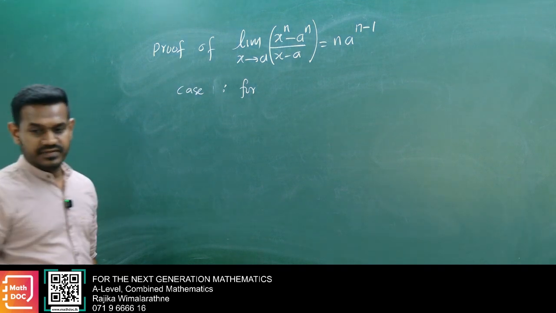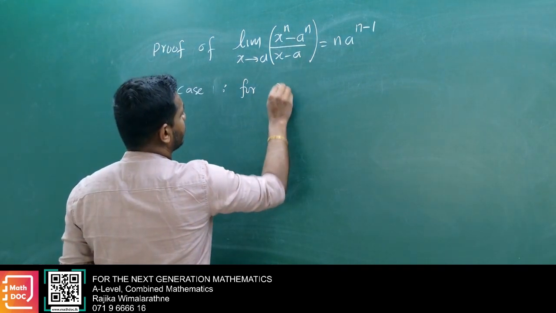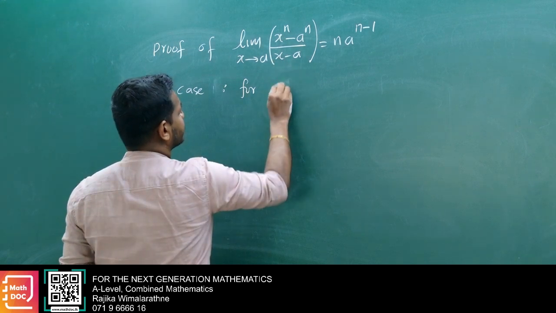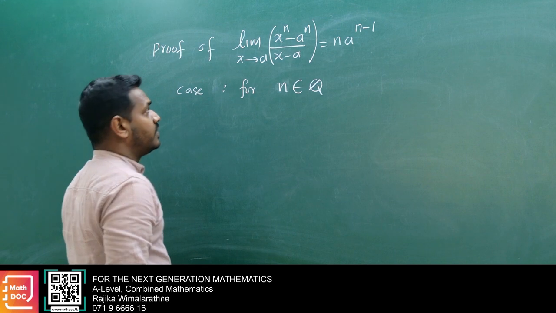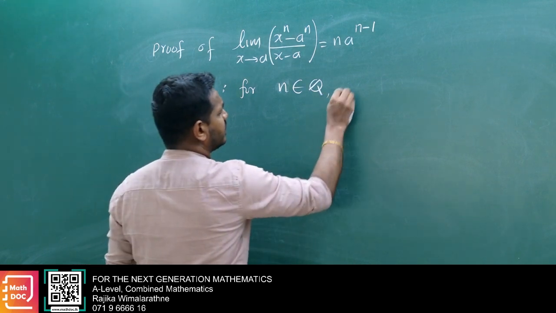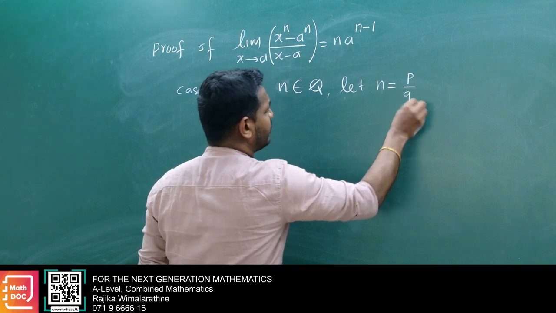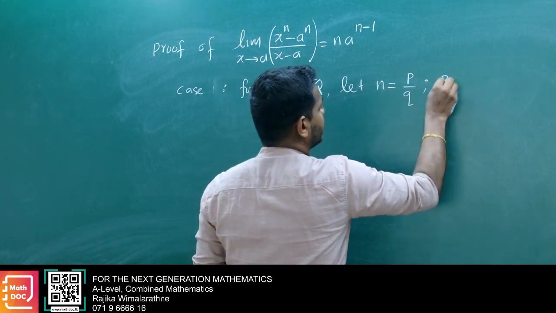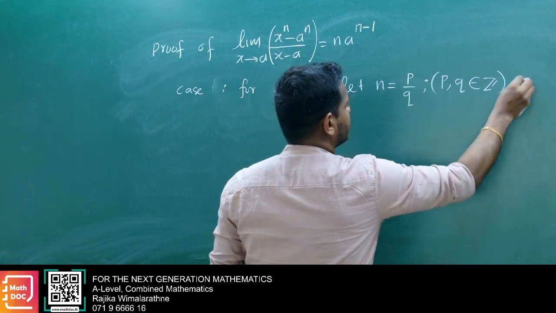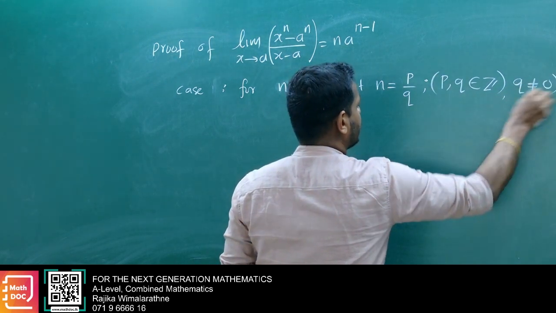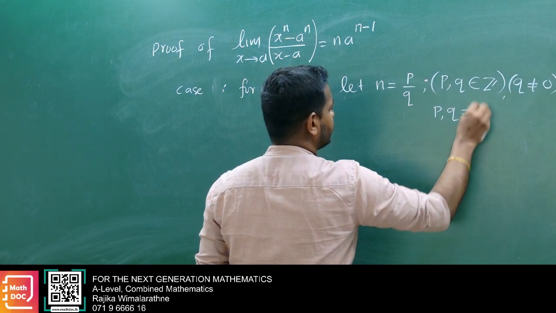See this one clearly. Rational number. Okay. Here let n equal p divided by q, p, q integers, q not equal 0, and p, q don't have any common multiple.